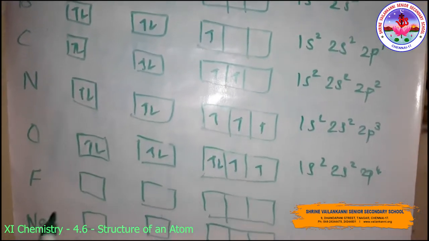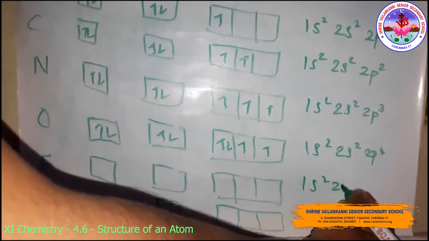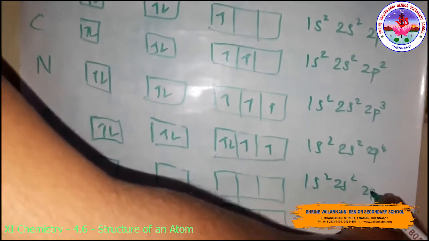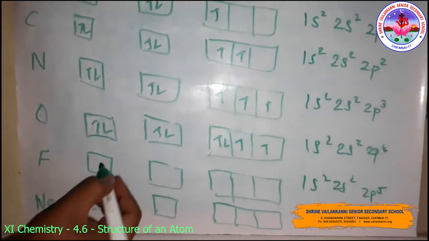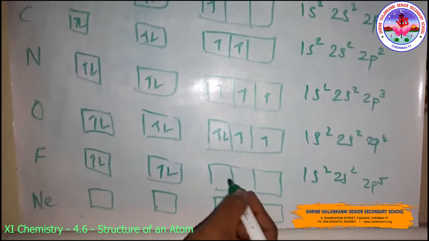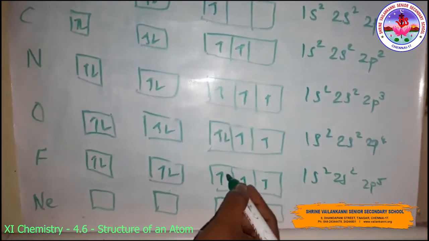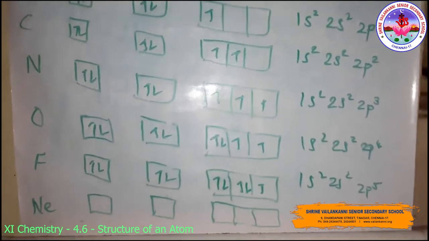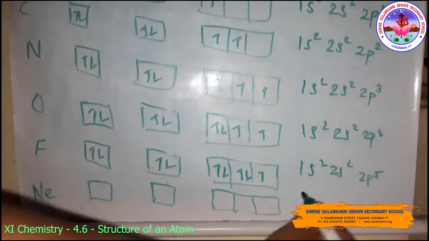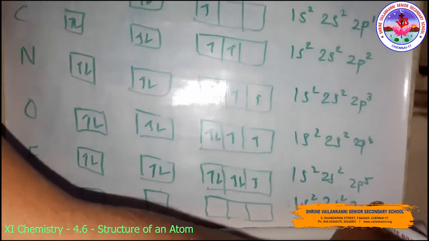Then fluorine, 9, so 1s2, 2s2, 2p5. So 1s 2 electrons, 2s 2 electrons, remaining 5 electrons you have to write like this, 1, 2, 3, 4 and 5. Then neon 1s2, 2s2, 2p6.